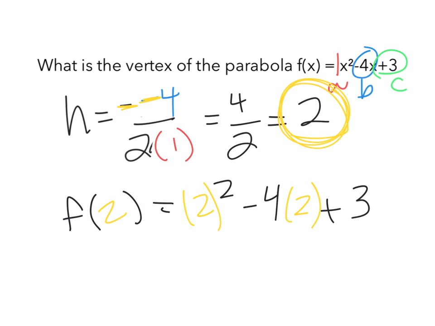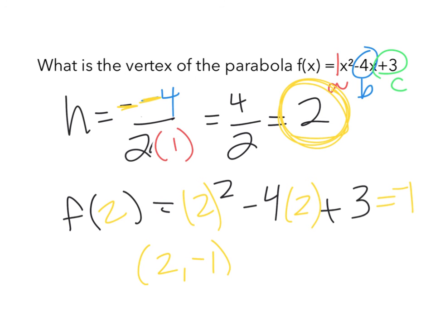Now, I highly recommend that you put this into your Desmos calculator. 2 squared is 4. 4 minus 4 times 2, so 4 minus 8, and then we add 3. So when I plug that into my calculator, I get negative 1. So this equals negative 1. So my vertex is 2, negative 1.